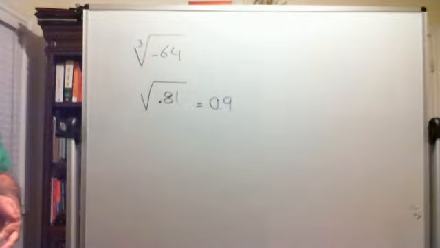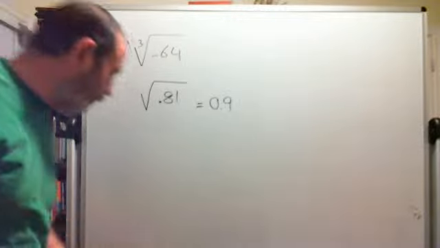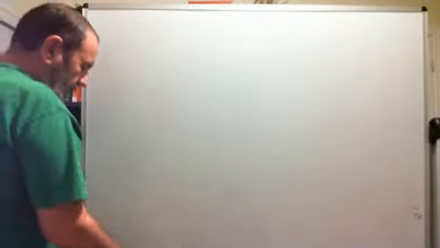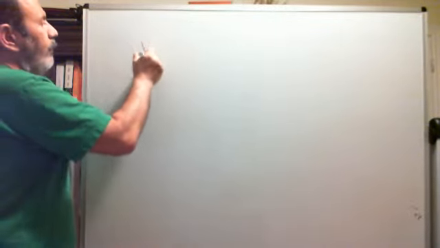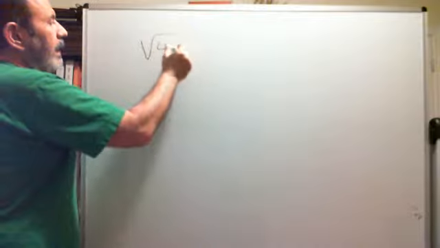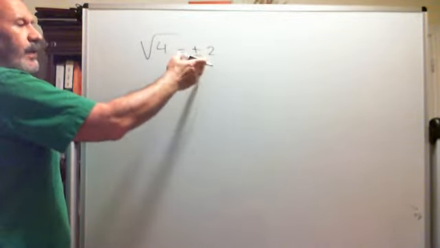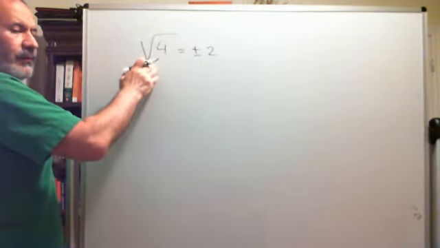Now, one thing that I want to explain to you. Look here. As I told you, the square root of 4 is going to be plus and minus 2. Okay? Positive 2 because 2 times 2 is 4, and negative 2 because negative 2 times negative 2 is 4.